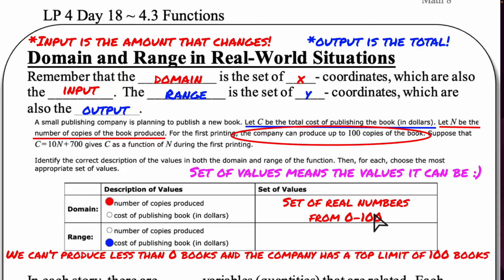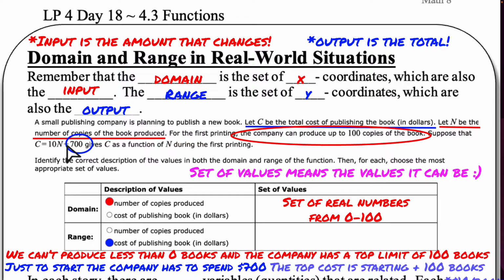Now for the range, we usually have to apply something from the domain. So if I publish 0 books, what's my cost going to be? Is it going to be 0? Ooh, tricky. It's not, because there's that plus 700. So if for some reason I set this whole thing up and I didn't produce any books, I'm still going to pay $700, because that's the setup fee, right? That's the starting cost. But then we also have $10 per book up to 100 books.